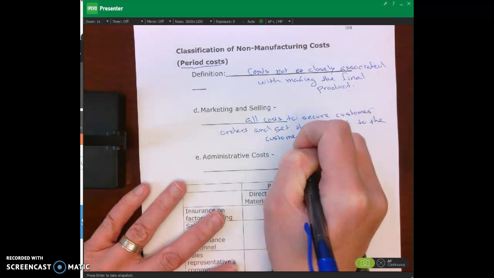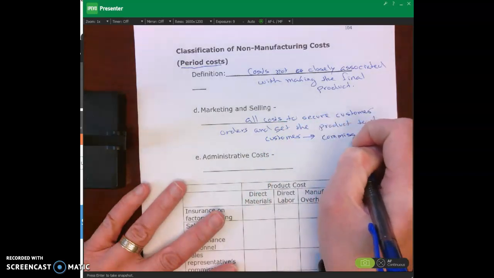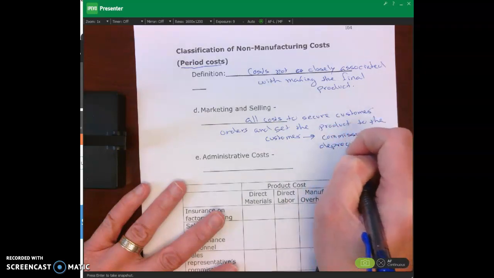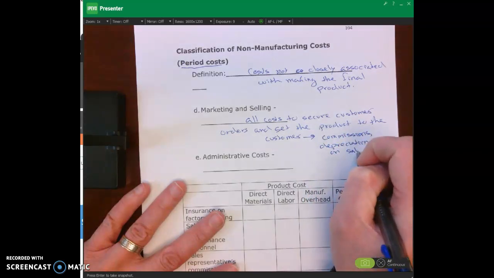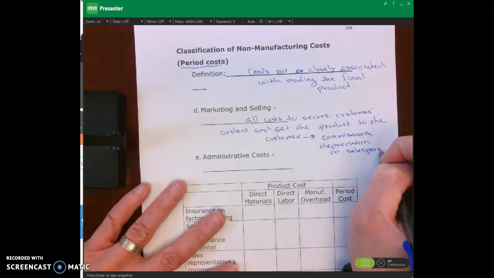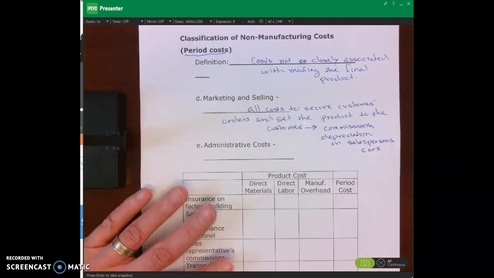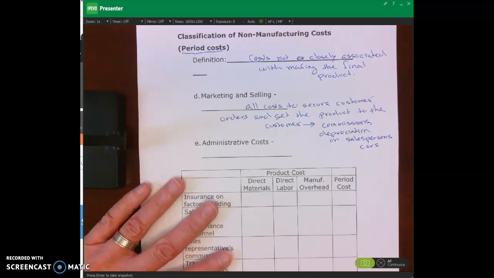So an example would be commissions, or we could say depreciation on salesperson's cars. Okay? Commissions or depreciation on salesperson's cars would be an example of marketing and selling.